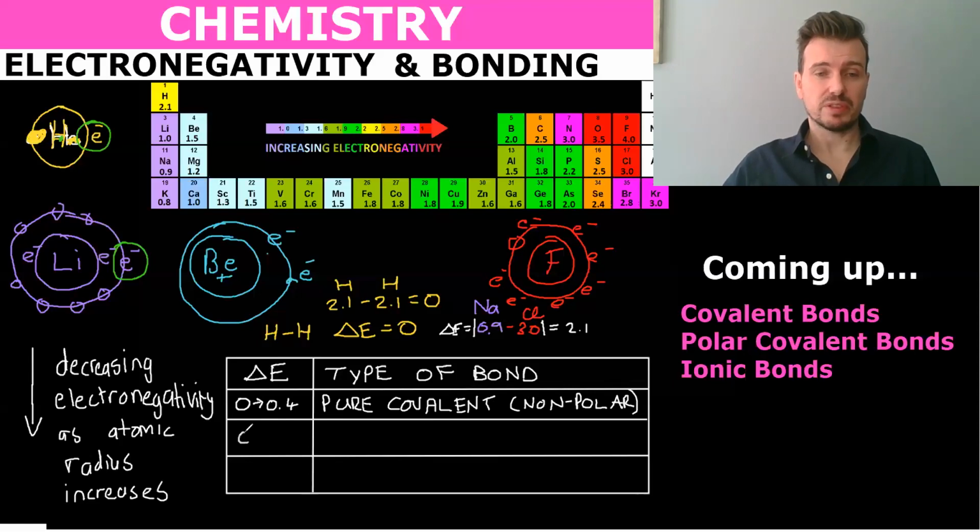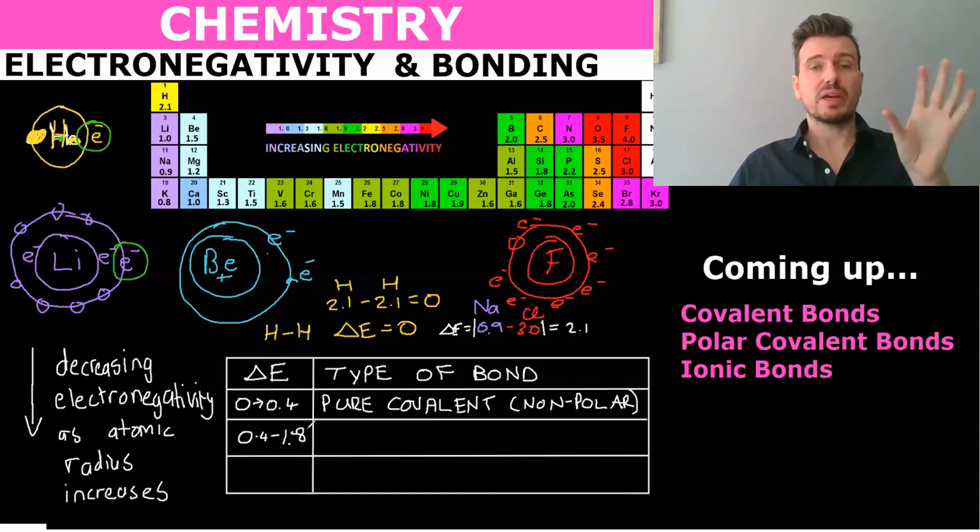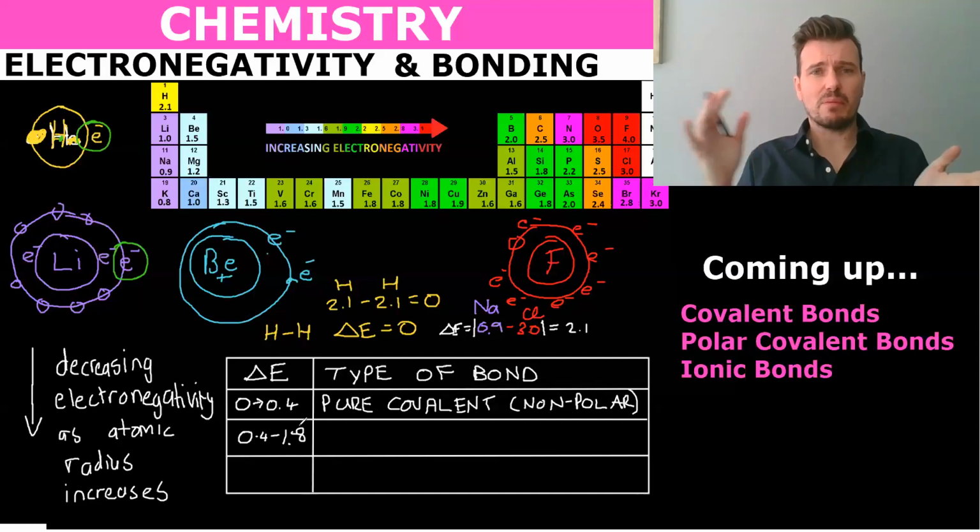The next one would be sort of 0.4 to 1.8. Now this depends on the textbook that you're using, and often even the university you're going to. So when we were at UCT, we used 1.8. Some used 1.7, others used 2.1, but it ranges from about 1.6 to 2.1.